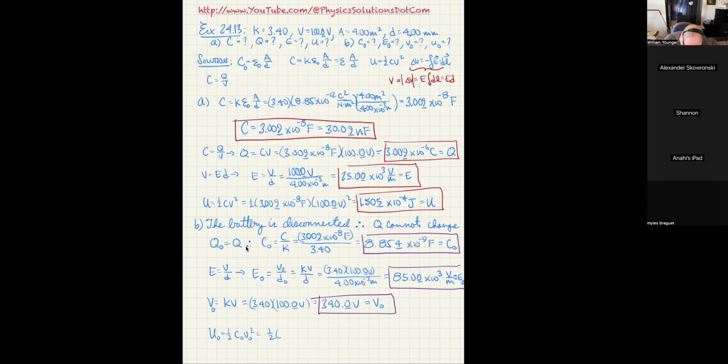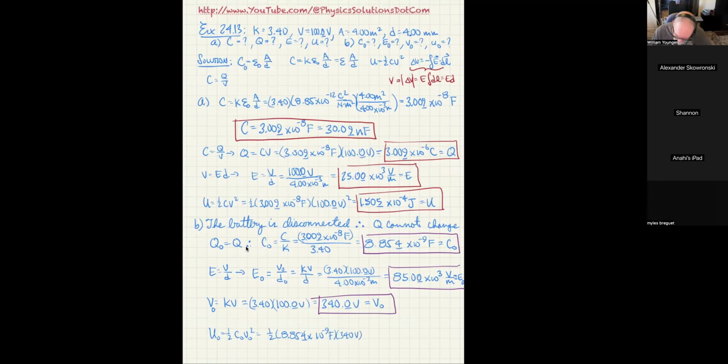It's 8.854 times 10 to the negative 12th farads. Oh, that's not 10 to the negative 12th. It just looked the same, so I've got to be careful with that. I just saw the 8.85 and jumped. But remember, that's 8.85 times 10 to the negative ninth farads, and then times the 340 volts.